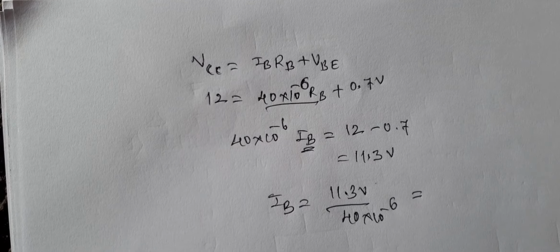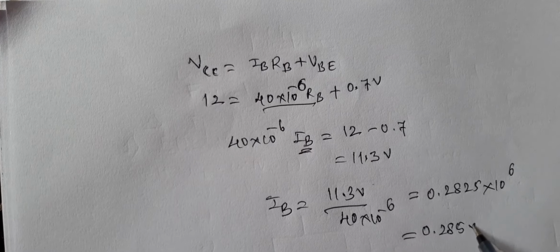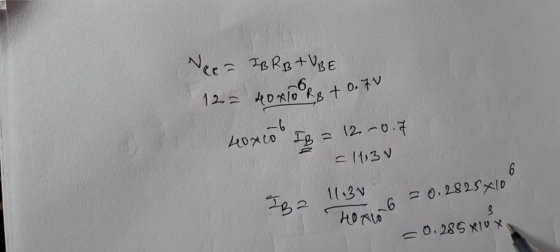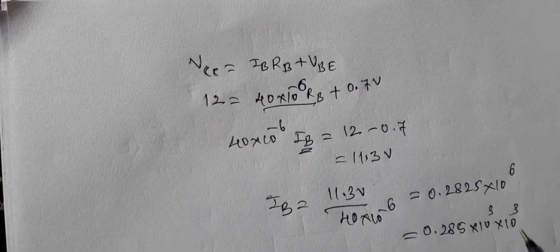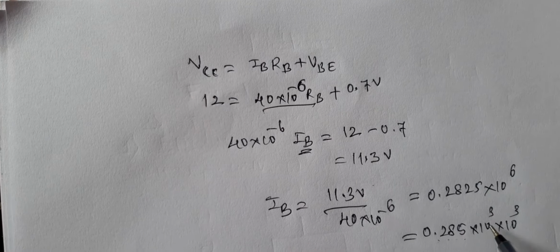When 10 power minus 6 goes upward, it becomes 10 power plus 6. So I can write this as 0.285 into 10 power 6, and 0.285 into 10 power 3 is 285.